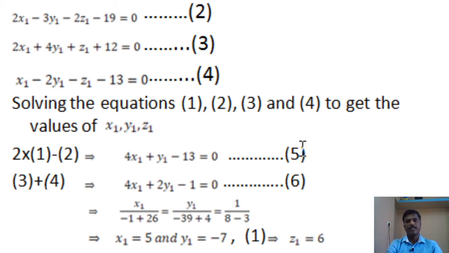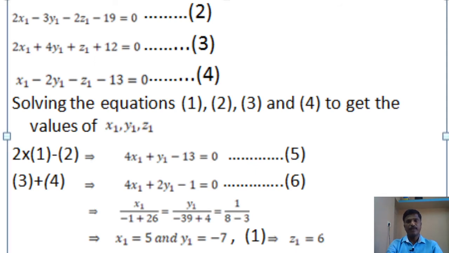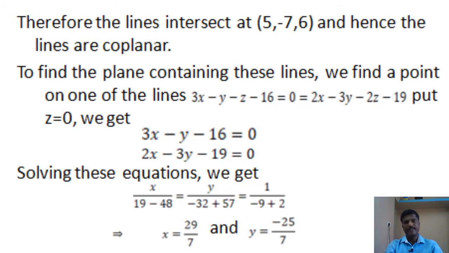Solving equations 5 and 6, we get x1 = 5 and y1 = -7. And by substituting x1, y1 in equation 1, we get z1 = 6. Therefore, the point of intersection exists. That is (5, -7, 6), and hence the lines are coplanar.